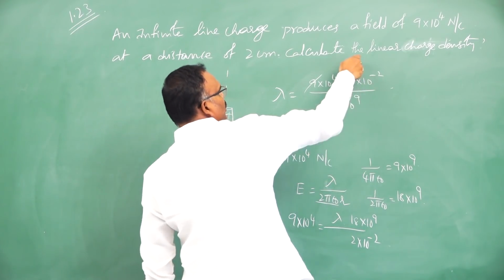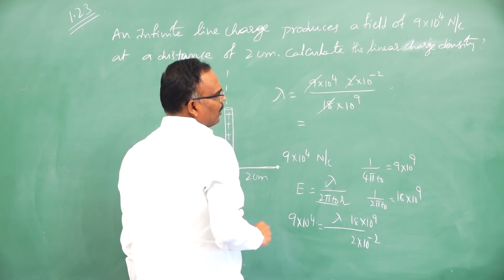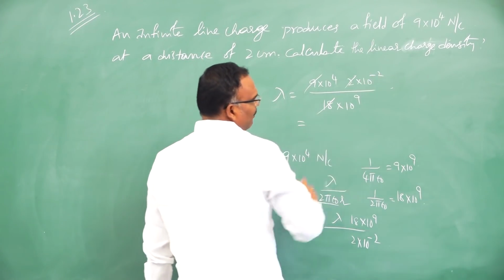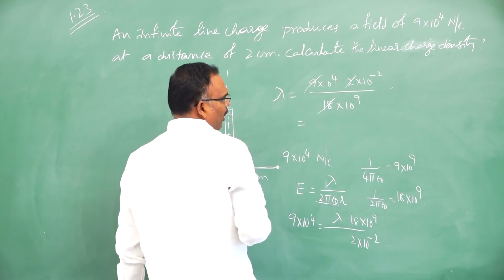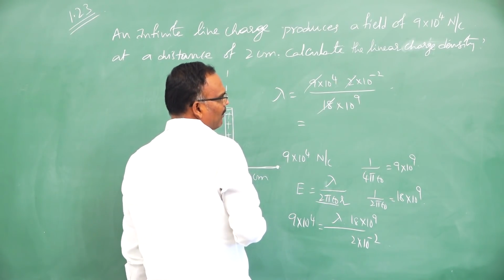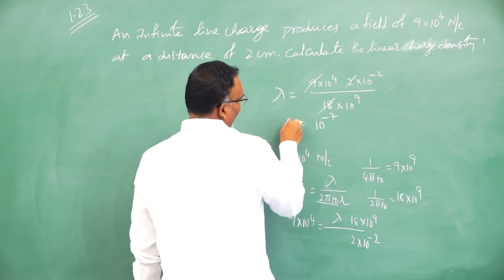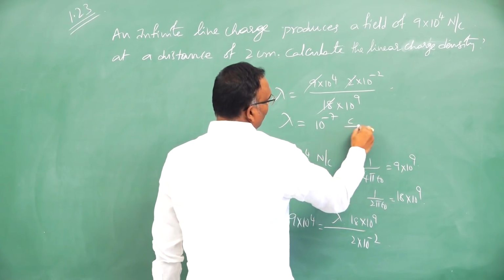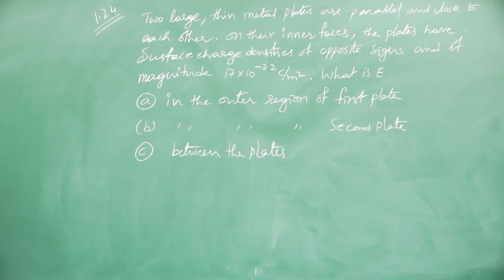If 10 to the power of 9 goes to numerator, it will become minus. That means this is 10 power minus 9 and 10 power minus 2, so 10 power minus 11. Minus 11 plus 4, you will get 10 power minus 7. So 10 power minus 7. Linear charge density unit is Coulomb per meter. Okay, next problem.